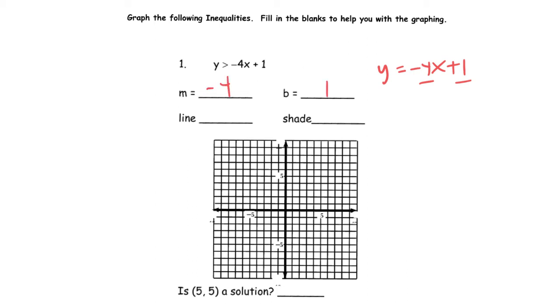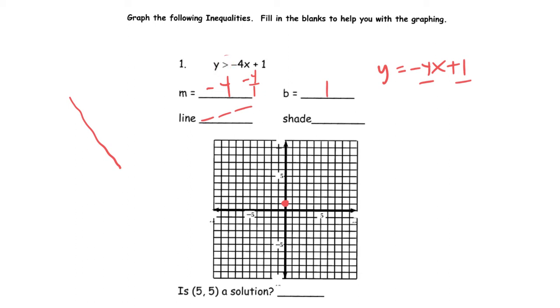That means our line should go in that direction with a slope of negative 4, and if you remember, that's negative 4 over 1. Our starting point is 1, so I'm going to go ahead and put that point on there right now. Now, when we actually graph it, we have to pay attention to our symbols. We have greater than. That means it's a dashed line.